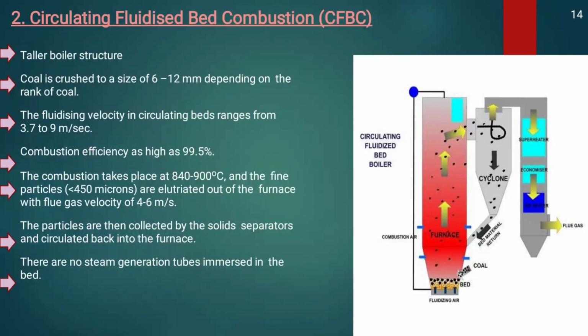The combustion takes place at 840 to 900 degrees Celsius and the fine particles are carried out of the furnace with flue gas of velocity 4 to 6 meter per second. The particles are then collected by the solid separators and circulated back into the furnace. There are no steam generation tubes immersed in the bed.